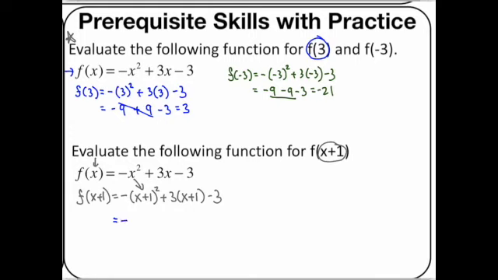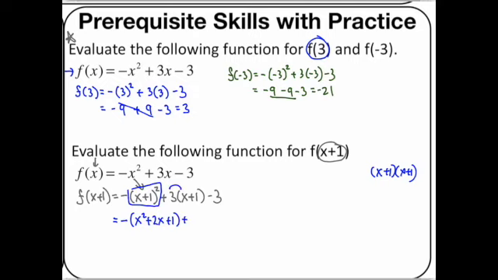So I have a minus, and this I want to FOIL out, okay? We should almost be able to FOIL that out in our head by now. So we'd get x squared plus 2x plus 1. Again, if you don't remember, you can just FOIL that out, and that's going to give you the same answer that I just put down there.